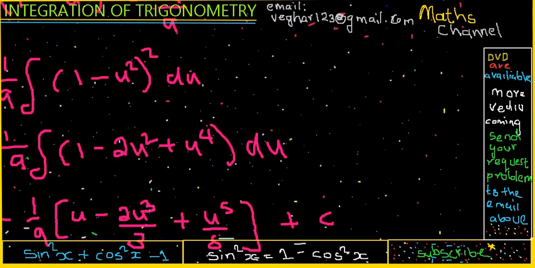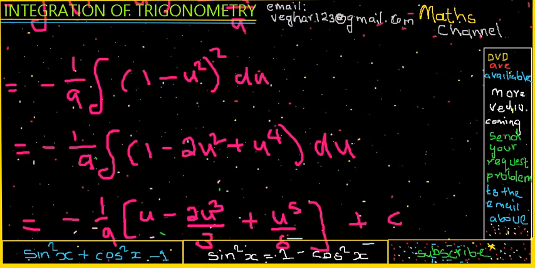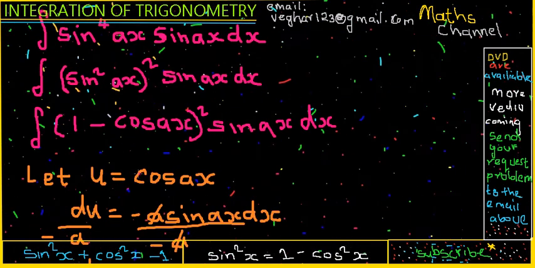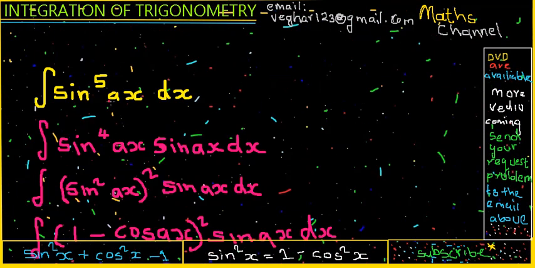So what you do here, you have to check the power first before you deal with the integral. Check the power here. If it's odd, you have to break one part, then we'll leave the highest part on one side and the other one to the other side, like this.